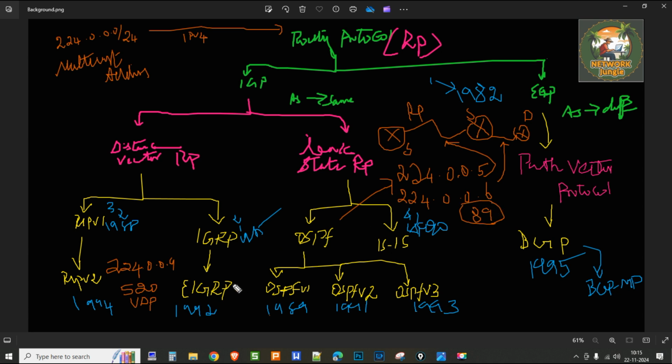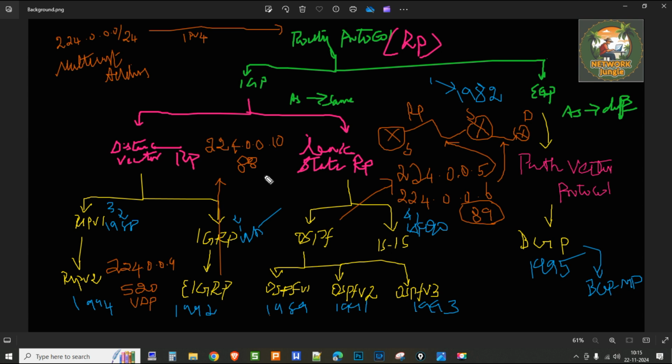Next, EIGRP, Enhanced Interior Gateway Routing Protocol. It is the next generation after the OSPF protocol. So here it is 224.0.0.10, using protocol 88.